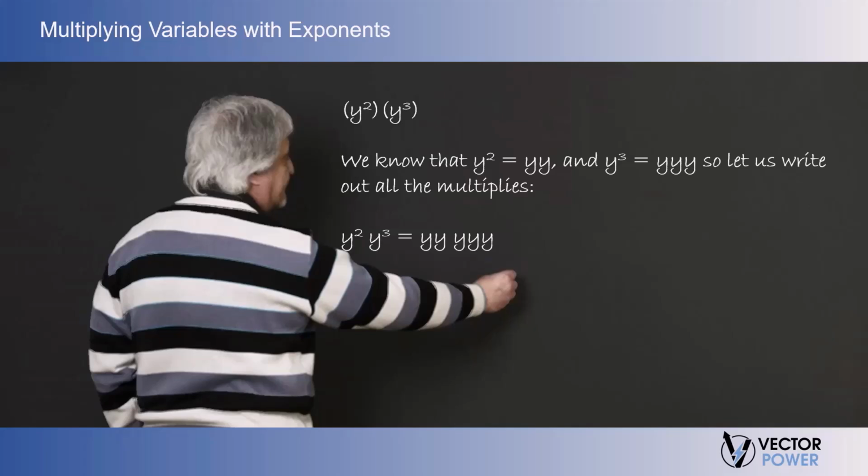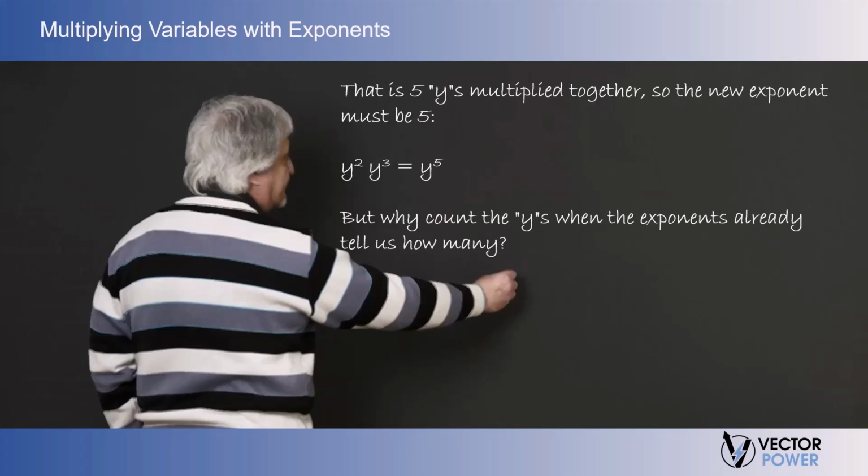Y squared times y cubed would equal y times y times y times y times y. This is 5 y's multiplied together. So the new exponent must be 5. Y squared times y cubed would equal y to the 5th power, or exponent 5.